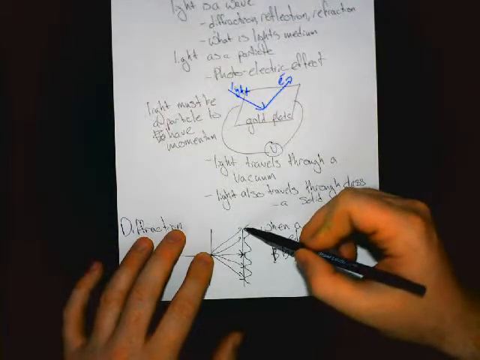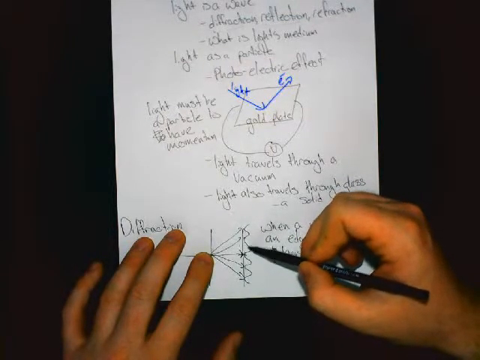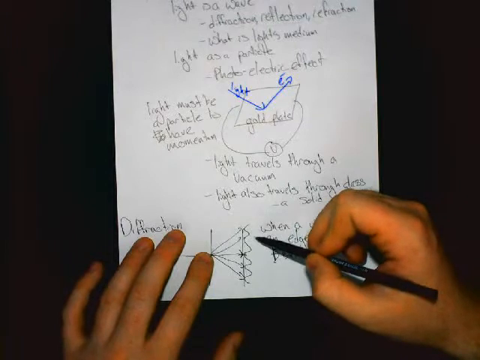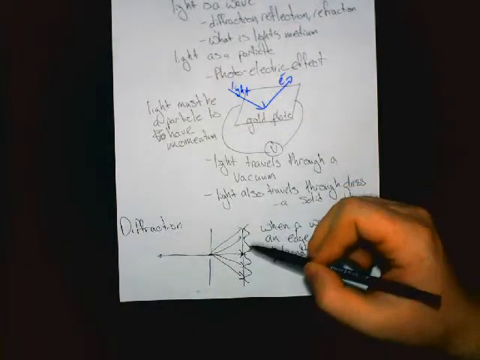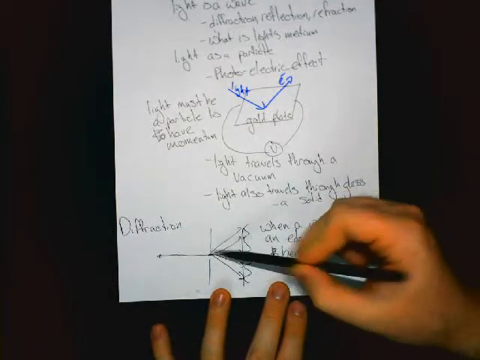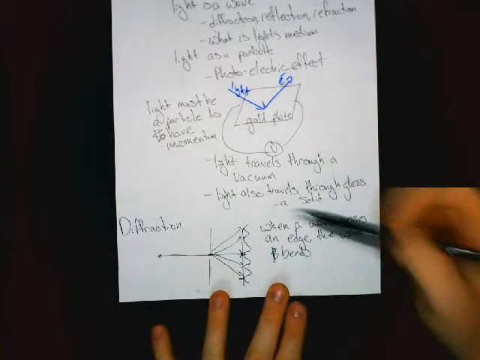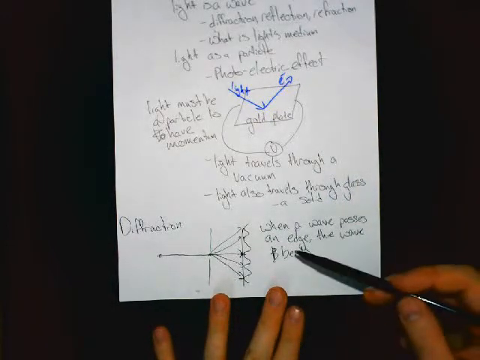The spots where it's brightest are the crests of the waves. Spots where it's darkest are the troughs of the waves. So we find that we actually have this diffraction, this bending of light as it passes those edges. People good with diffraction? Do we have any questions on it?